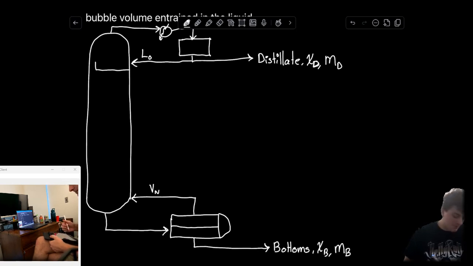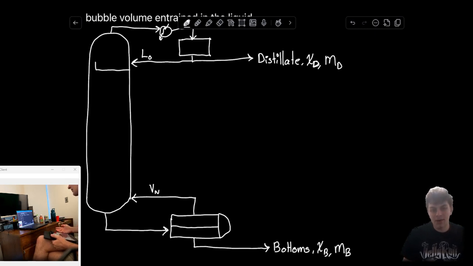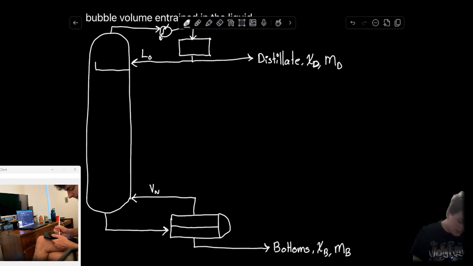And these trays are where vapor and liquid are mixing and then separating based on boiling point. That's our driving force of distillation, a boiling point difference. So here's a tray. We're going to simplify our distillation column here and just give it 7 trays.